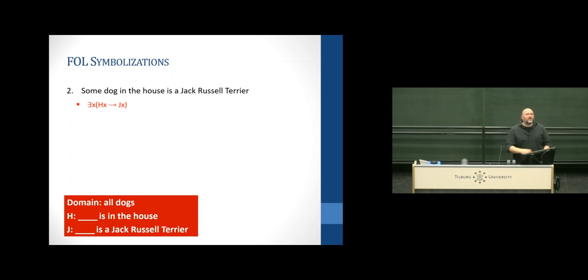So, if we think about that with this sentence, some dog in the house is a Jack Russell, and we write it like we have here, let's grab any dog that's outside the house. It makes that sentence true. Any dog that isn't an H is going to make the conditional true. Because what happens if you have a false antecedent on a conditional? It's always true.